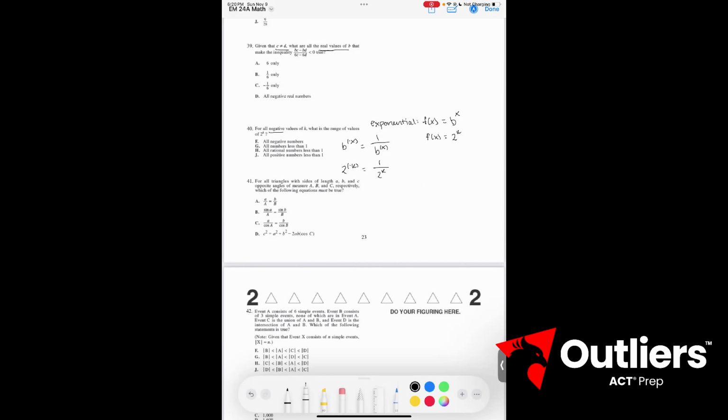If we have k equals 2, we would have 1 over 2 squared, which would be 1 over 4, and so on. So as our value of k, which would be negative in this form, but is positive in this form, as that value of k increases, our fraction denominator is going to keep getting bigger and bigger. So our fraction will have a smaller and smaller value in the way that 1 over 8 has a smaller value than 1 over 4.